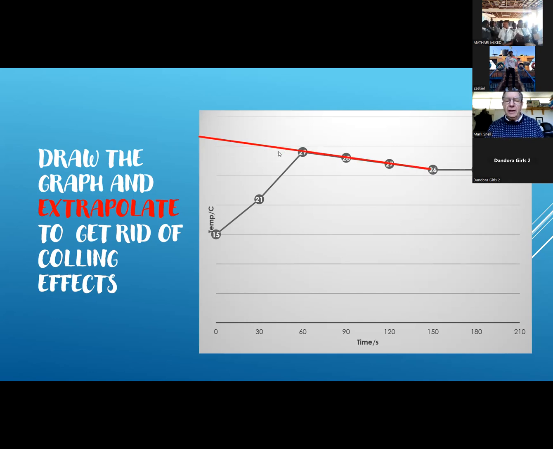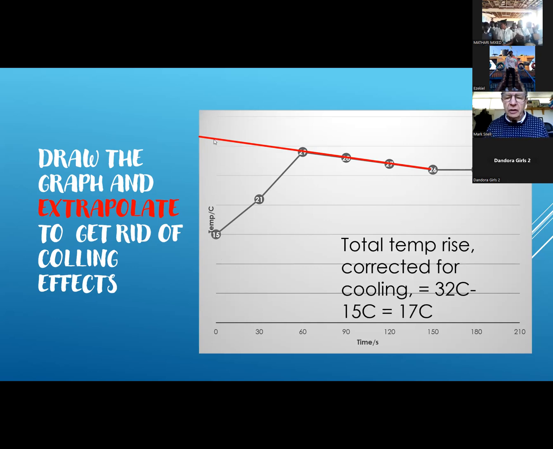So we draw the line, and the total temperature rise is from this zero time, from 15 vertically up to the graph where it goes to 32. So it's not 15 to 29, but 15 to 32. That's the first thing we have to be able to do. That's called extrapolation, if you haven't heard it before.